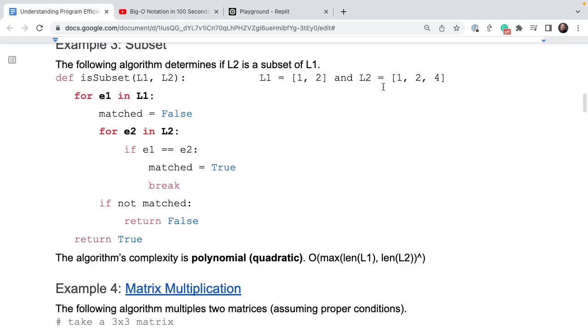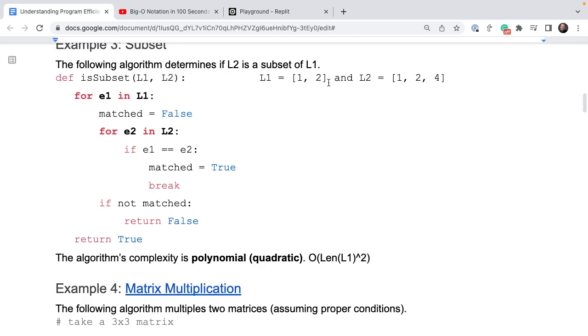So to simplify, this is actually big O of length of L1 squared. So it is quadratic. Worst case, they're the same size, because what's the worst case when you're considering subsets? When they're the exact same set.